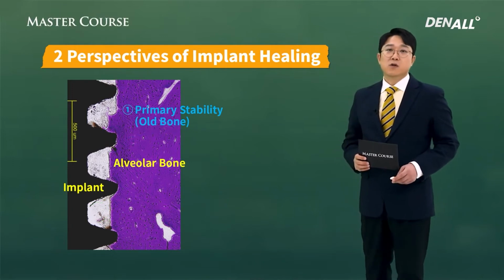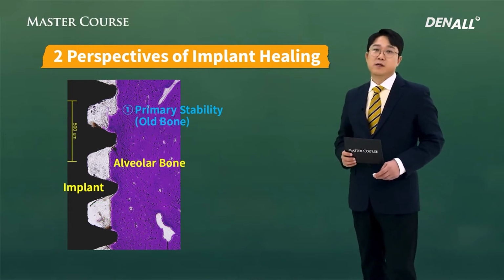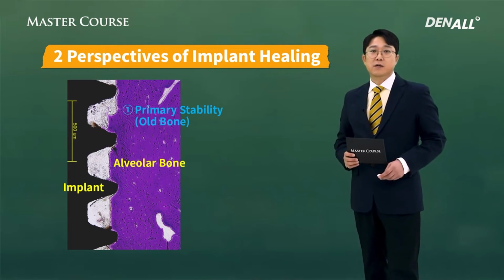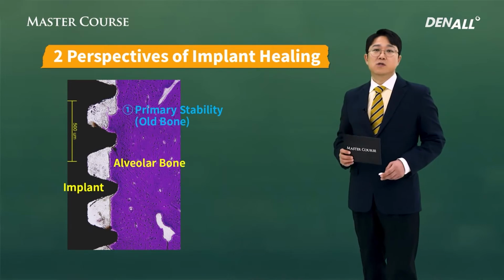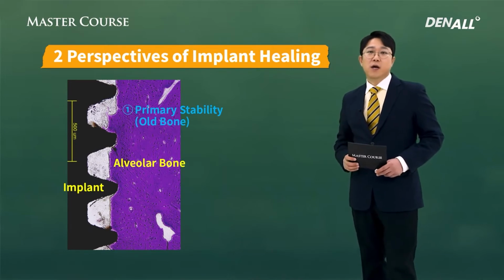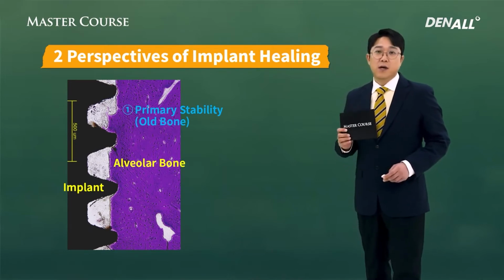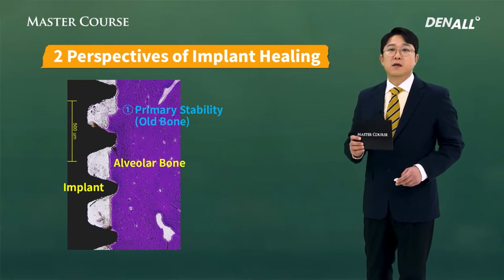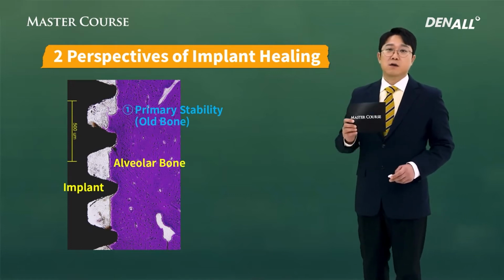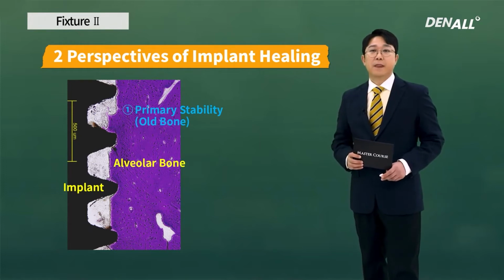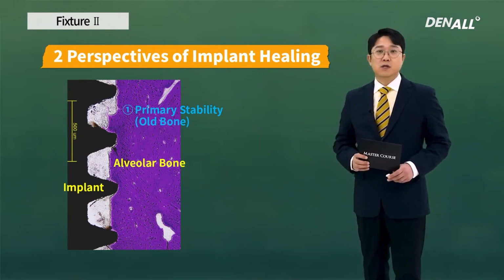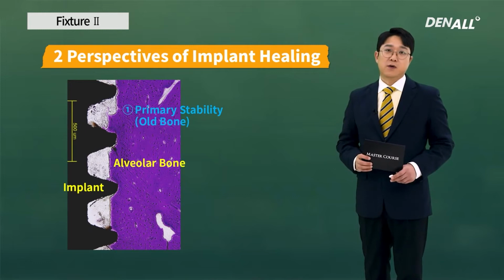Lau et al., according to his paper, osseointegration is the prerequisite for the successful implant healing. Primary stability is the prerequisite to acquire the osseointegration later, according to him. That much primary stability is important.